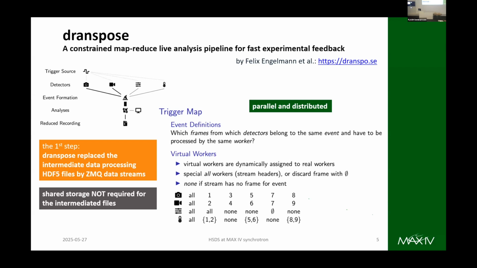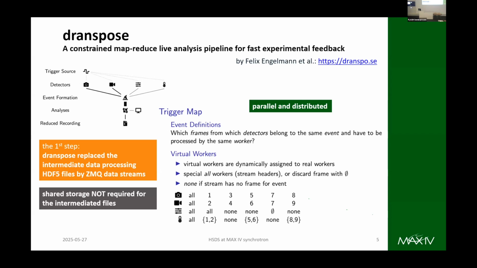So then you can, for example, prescribe that the first image from the first camera will go to worker number 1, worker number 2, or to both of them. It may also happen that it will go nowhere, and it may happen that the given data source does not have a signal for that event. Yeah, so this is about Dranspos.